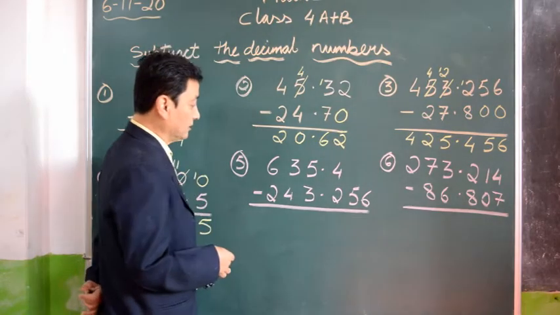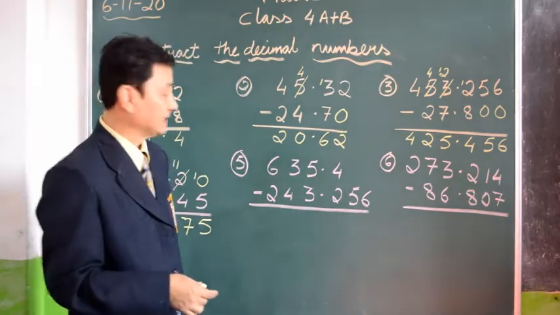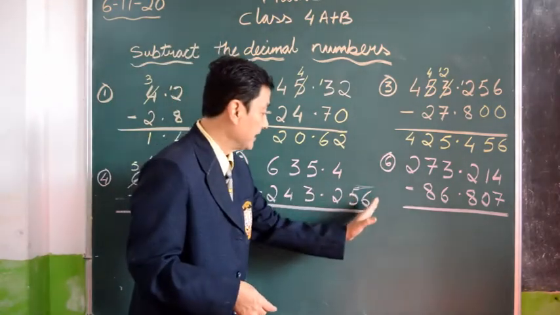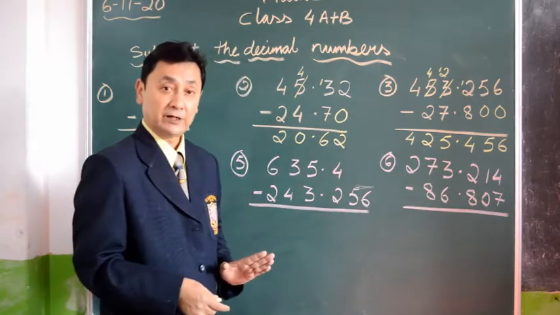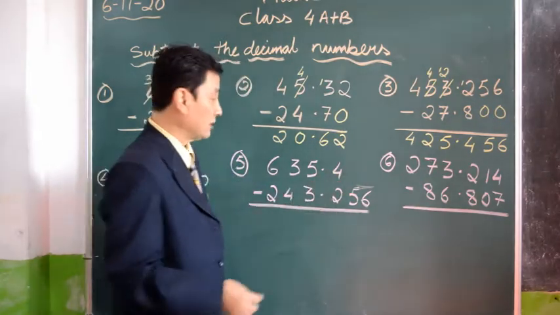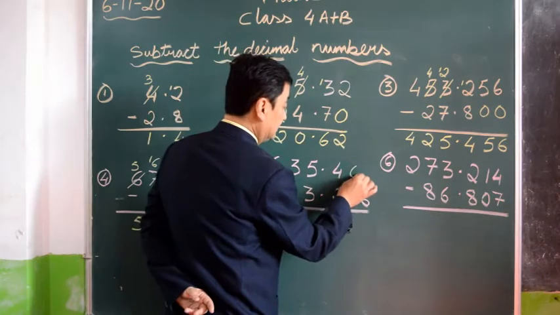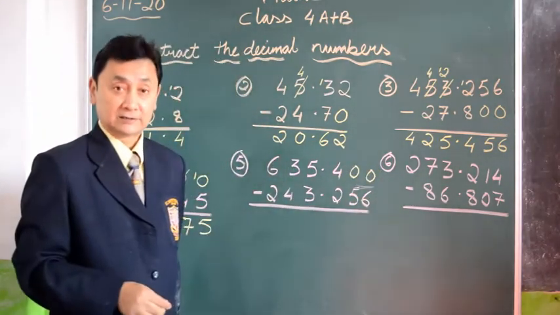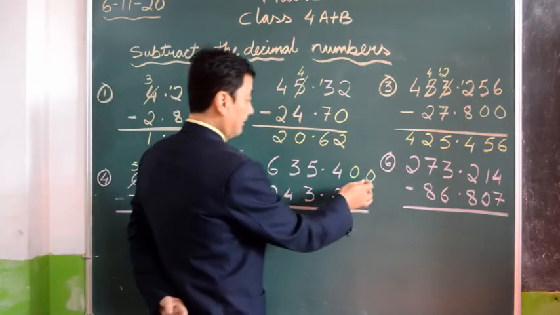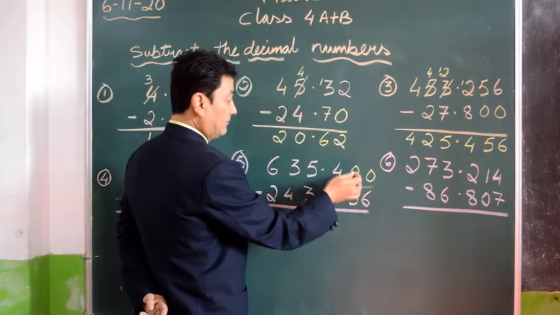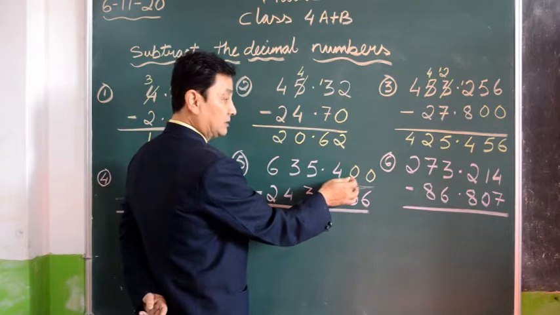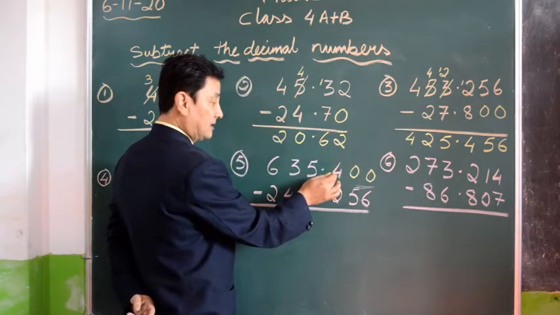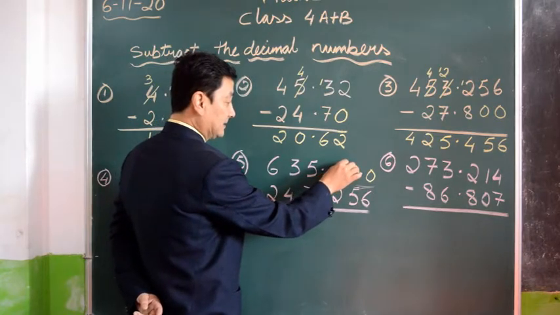Let's go to the next number. 635.4 minus 243.256. There's no numbers here. Don't be clever, just writing 6 and 5 there. There's no numbers on top, so what must you do? Add 0 and 0, and then only we can subtract. From here we have to borrow, but this also has a 0. Then we have to use this number, which is in the tens place.